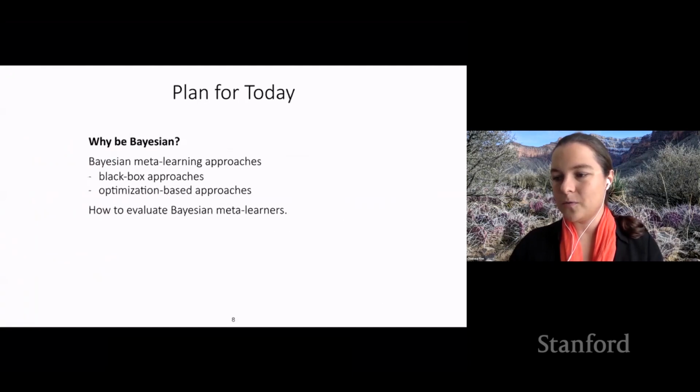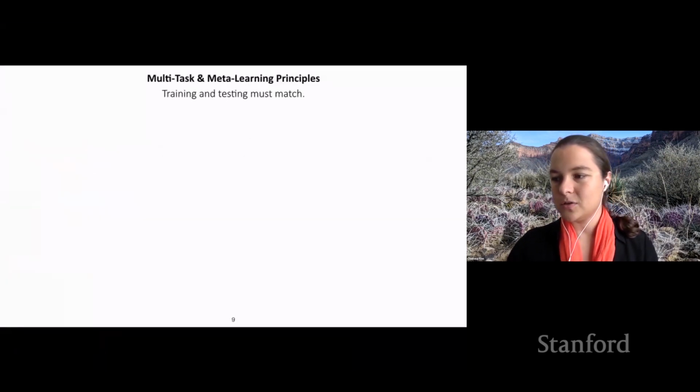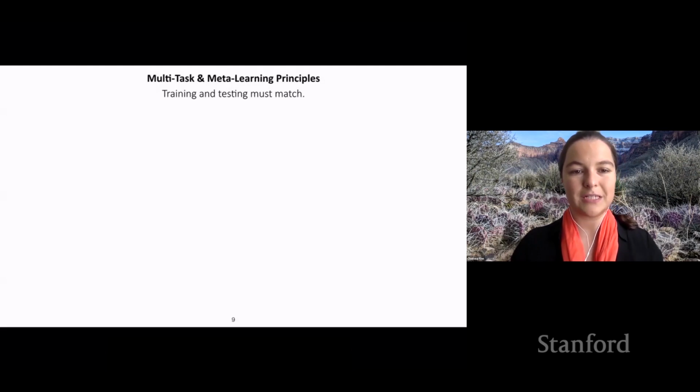So first, let's talk about some motivation and the benefits that this interpretation gives us. So earlier in the course, we talked about how at training and test time, we want things to match. And we also talked about how the tasks have to share some amount of structure.